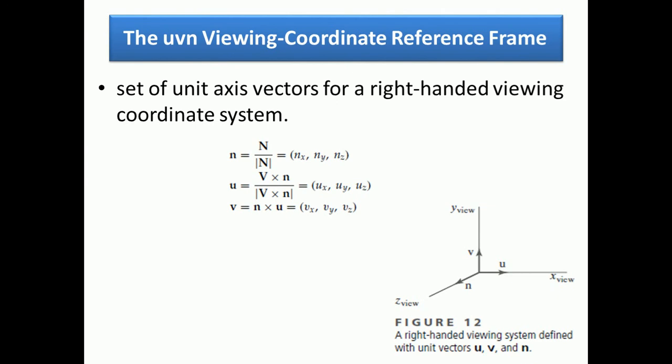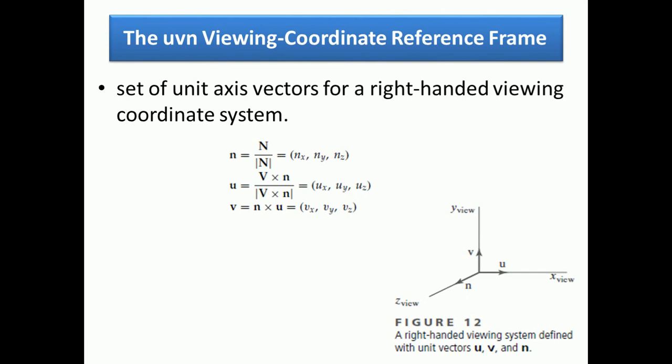The vector cross product of N and U produces the adjusted value for V, perpendicular to both N and U, because as you know they are perpendicular to each other. So the cross product of any two will produce the third vector, which is again perpendicular to both of the components, along the positive Y view axis.